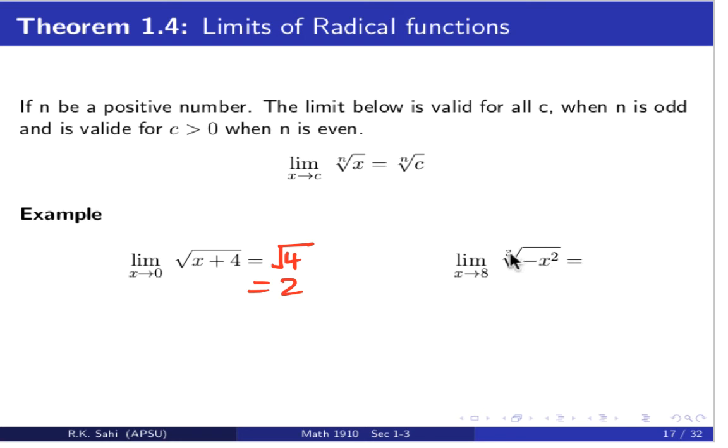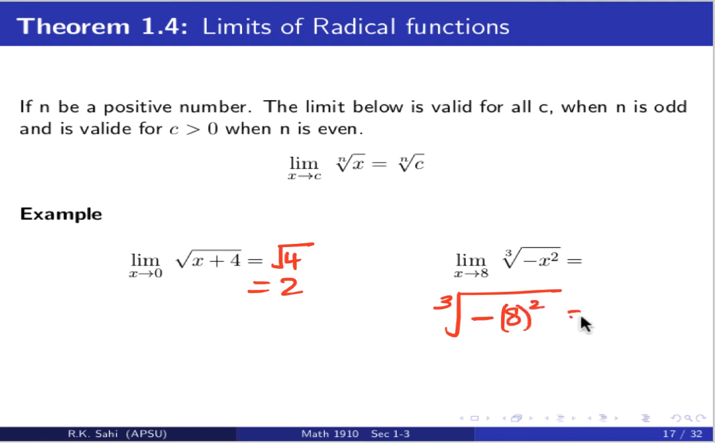Now let's look at the limit of this expression. First of all, it's a cube root function. It's odd, so if you have a negative inside, it will not affect us. It's a negative outside. Remember that. So the limit as x approaches 8 of the cube root of negative x². What you're going to do is simply plug in. It's a cube root and the negative is outside, and then it is 8 squared.